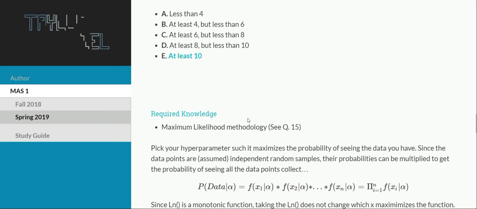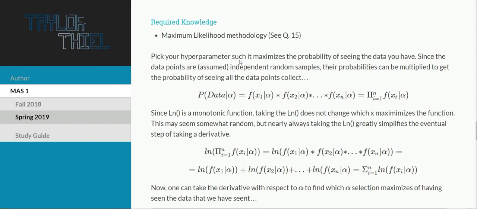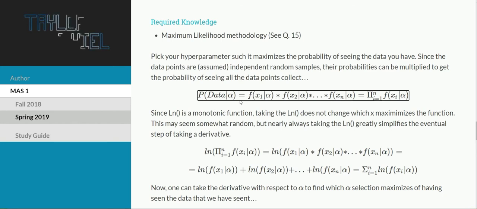First off, for this problem, you need to know maximum likelihood estimation. This is just a copy and paste from my walkthrough of question 15, but to briefly recap, you can look at the PDF, the probability of observing the data that you saw, under the assumption of whatever your hyperparameters were. In question 15 it was alpha. Here we're going to be talking about theta.